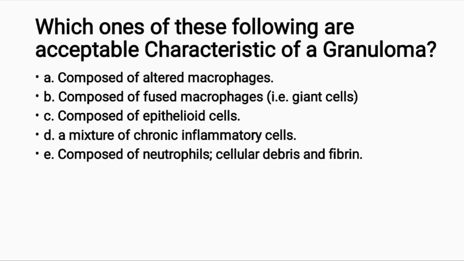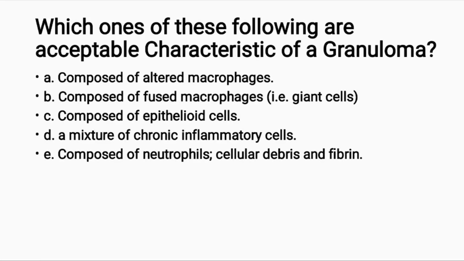Which ones of the following are acceptable characteristics of a granuloma? A. Composed of altered macrophages. B. Composed of fused macrophages, that is, giant cells. C. Composed of epithelioid cells.